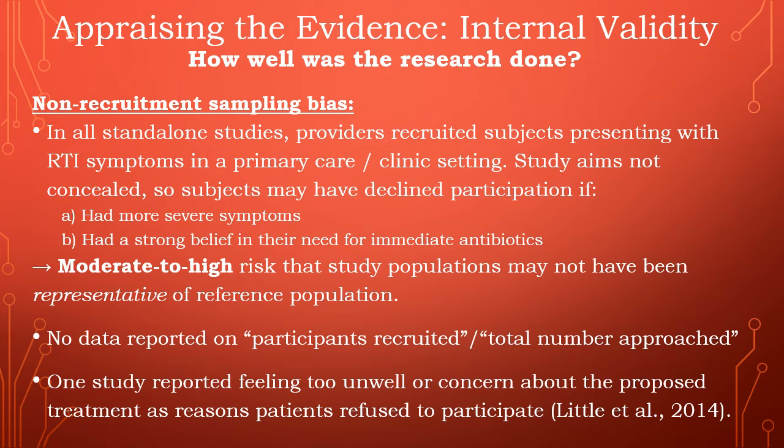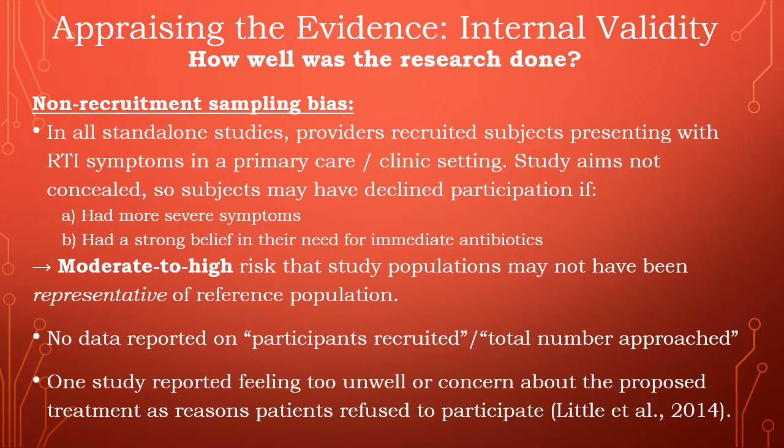In my estimation, by far, the biggest threat to internal validity in these studies as a whole was sampling bias due to non-recruitment. So in the randomized controlled trial, the quasi-experiment, and the cohort study, providers recruited subjects who were presenting with respiratory tract infection symptoms in a primary care or clinic setting.